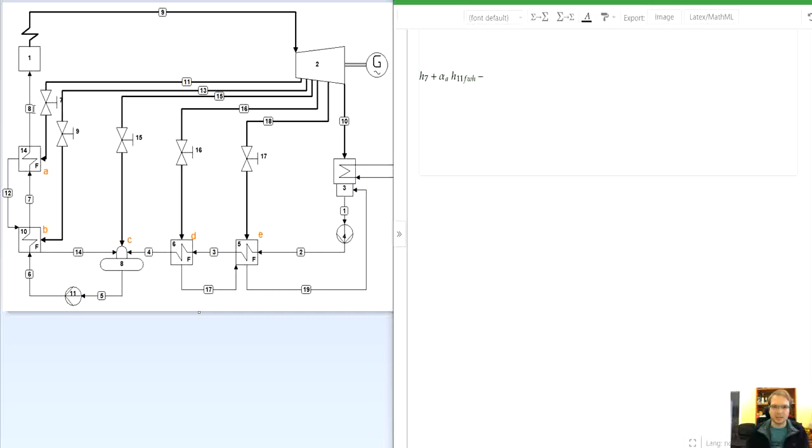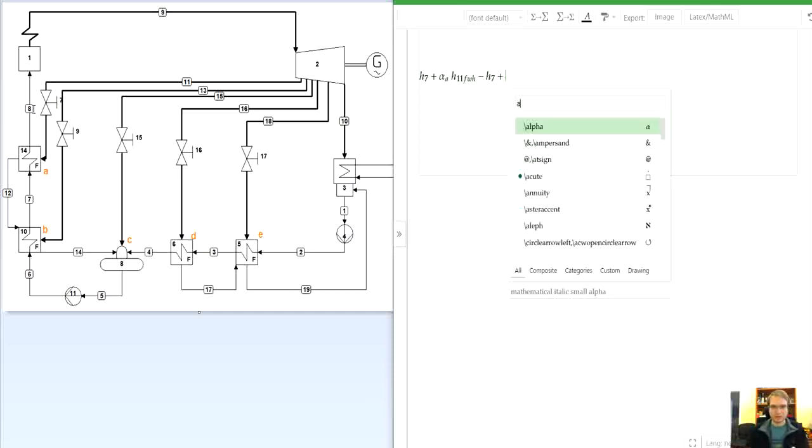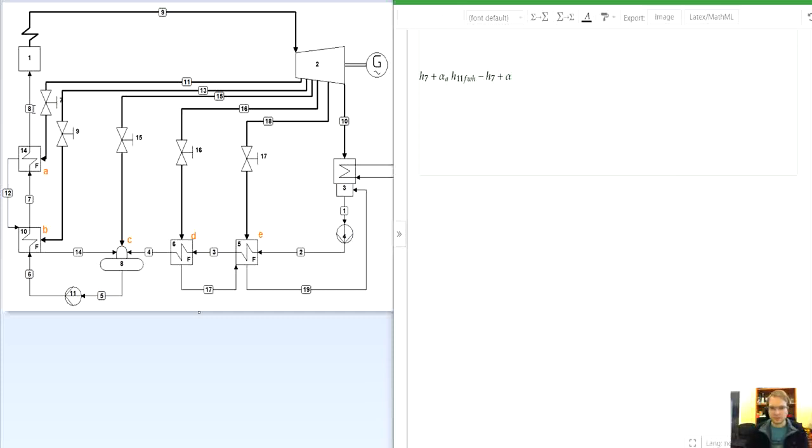We have H7 plus our alpha A times the enthalpy at the point 12, H12.